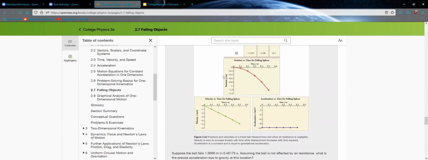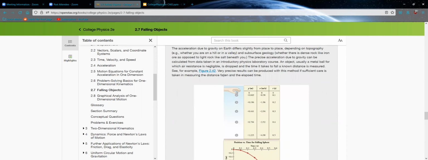Given this data, can we calculate how fast it's falling? And notice the time intervals: as time increases, the distance between them also increases. So the distance between 0.1 and 0.2 seconds is smaller than the distance between 0.4 and 0.5 seconds. This is indicative of acceleration.